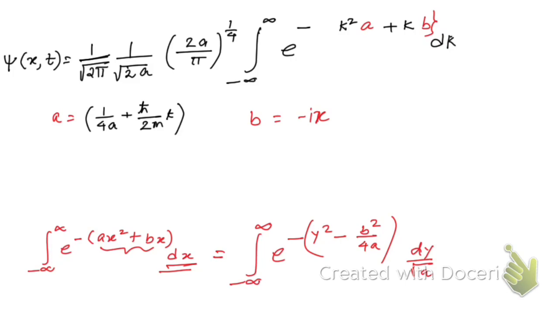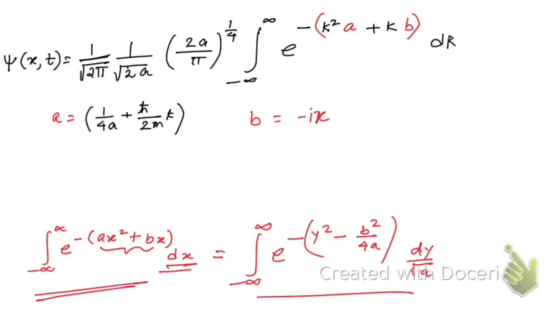So now here you see, now here you see this is in this form, right? This is in this form, so we can write this form in this way. So that's why this also can be written in this way.